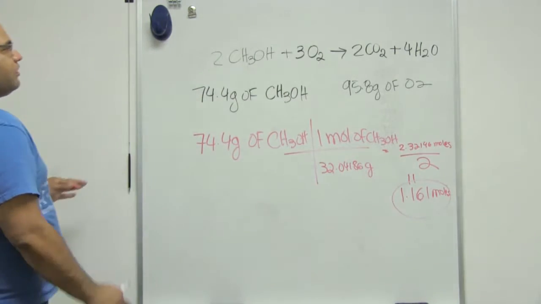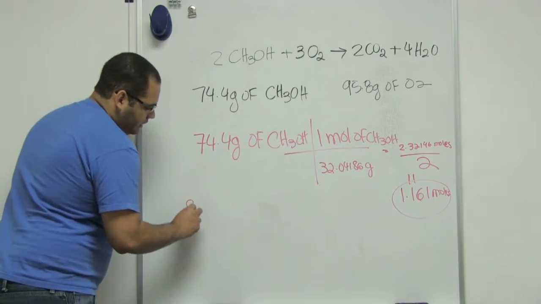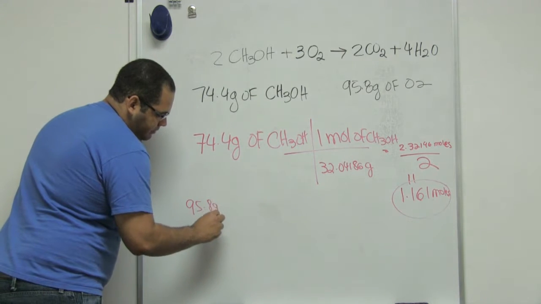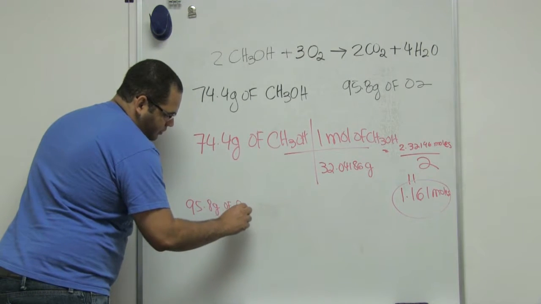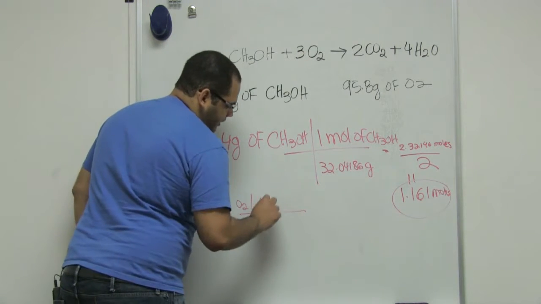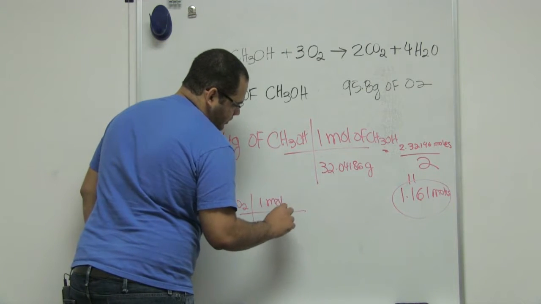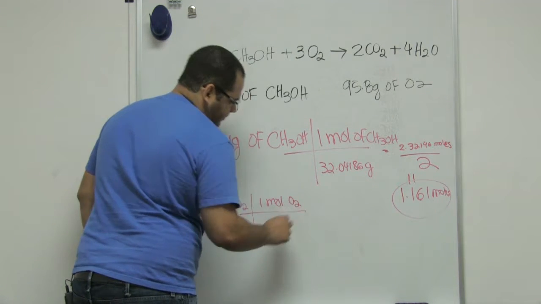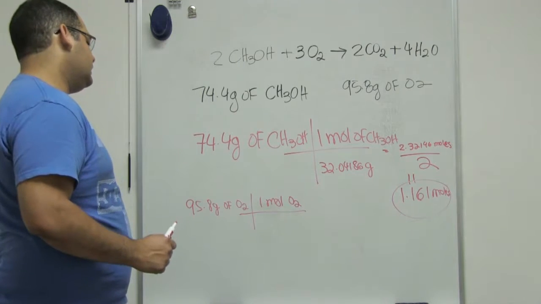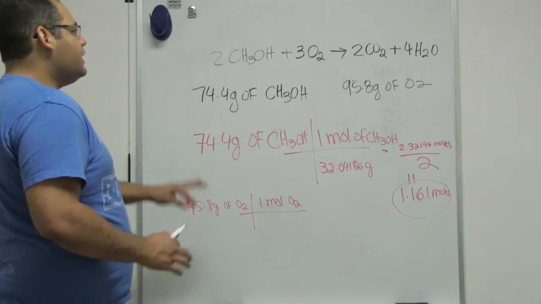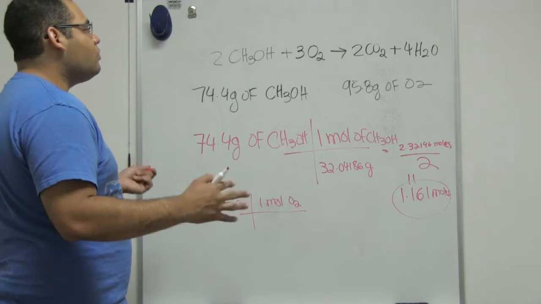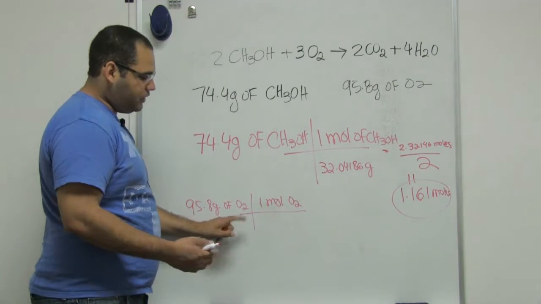Now I do the same thing for oxygen. 95.8 grams of O2. Remember, we're talking about oxygen gas, therefore it's 15.9994 times 2 because it's O2 here.